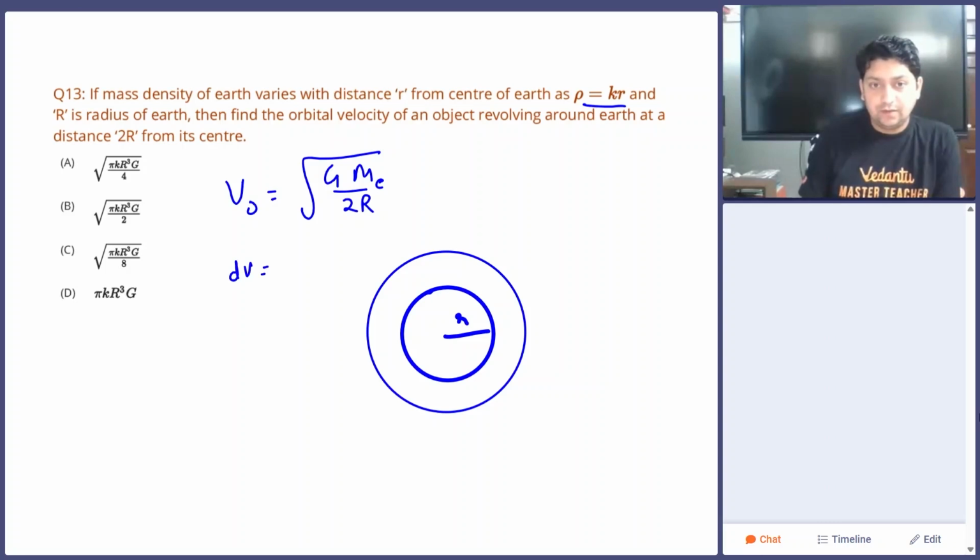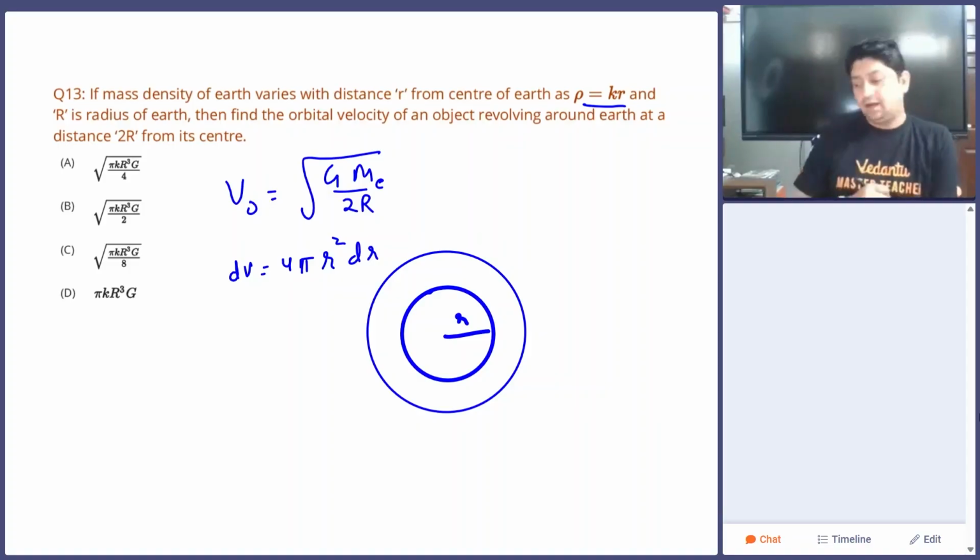The small volume will be equal to the surface area of the base, 4 pi r squared, into the height, that is dr. So this is dV, right? And for mass, we need to find the mass of Earth, which will be given by the integration of dm.